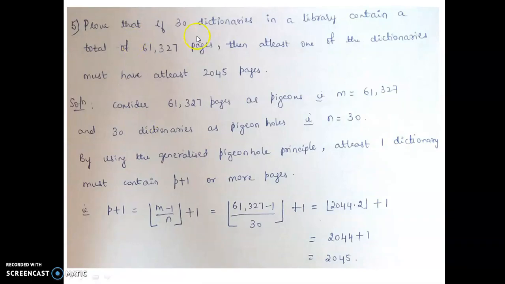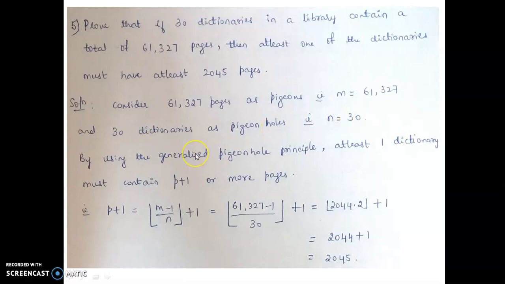Prove that if 30 dictionaries in a library contain a total of this many pages, then at least one of the dictionaries must have at least 2045 pages. So consider the number of pages as the pigeons, that is m is equal to this much, and n, our pigeonholes, are the 30 dictionaries, that is n is equal to 30.